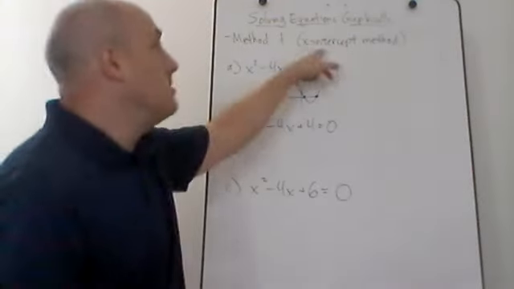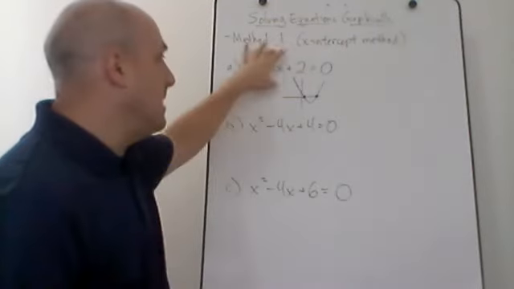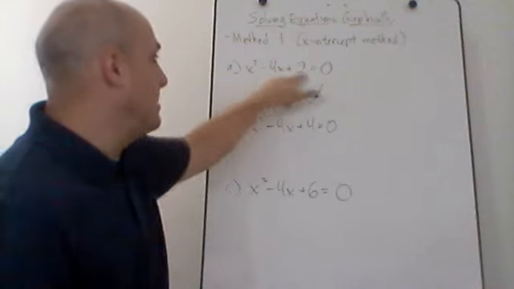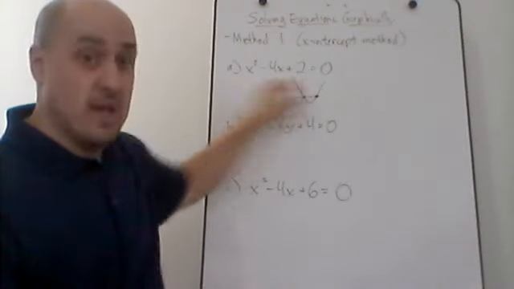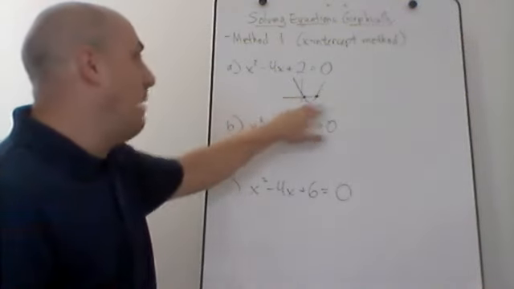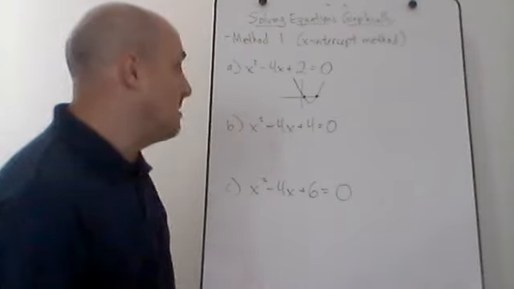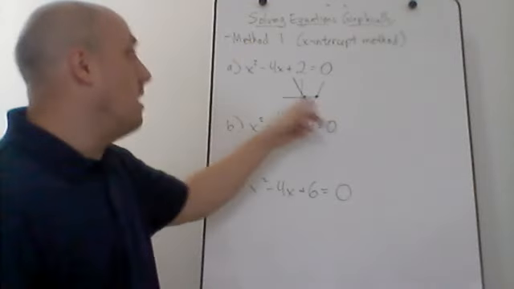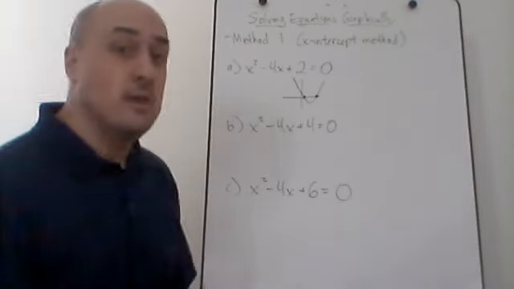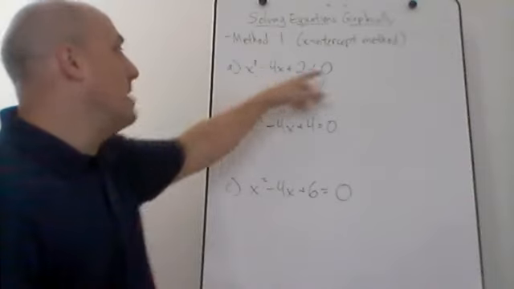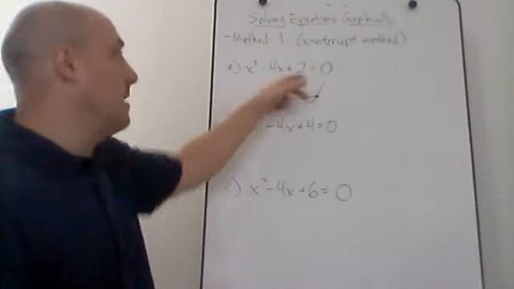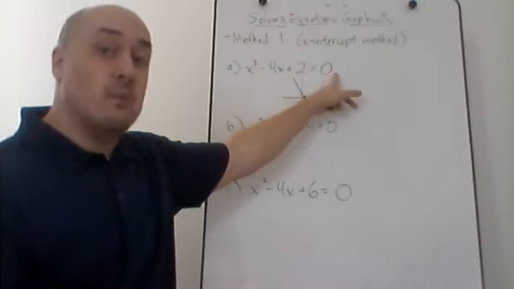So when I'm using this x-intercept method, I set everything equal to 0 and graph the side that has all the stuff on it, not the 0 side. Then I find the x-intercepts of this graph, and those x-intercepts give me the solutions to this equation. Remember, this is almost like the equation y equals x squared minus 4x plus 2, but with y set equal to 0.